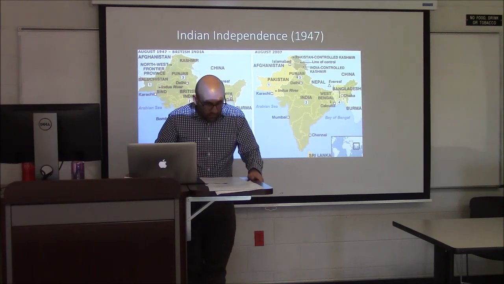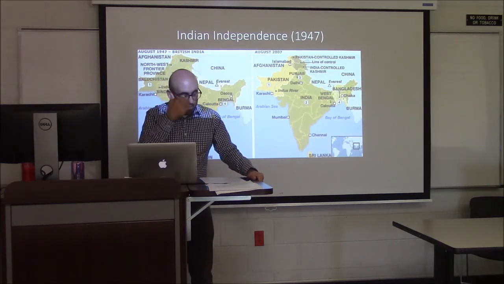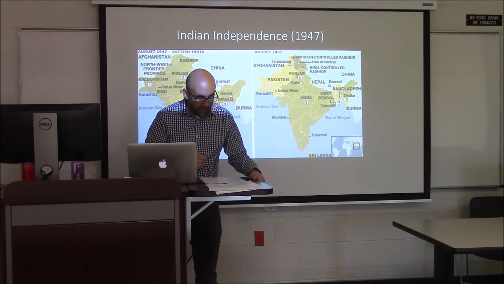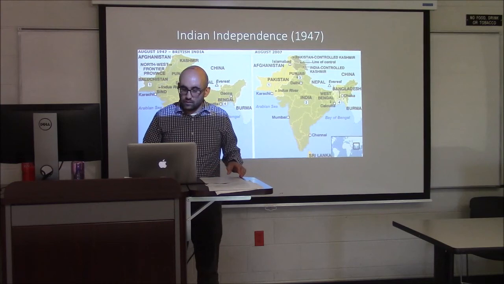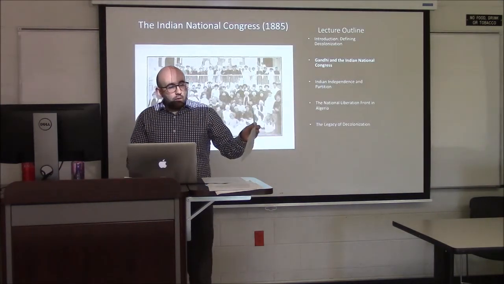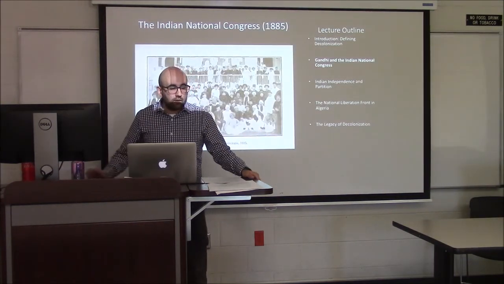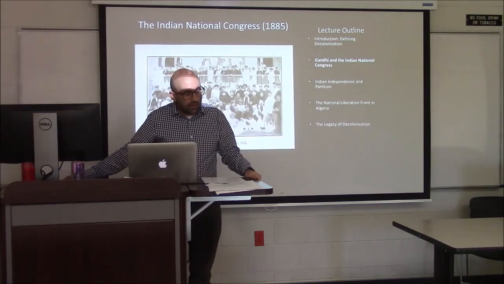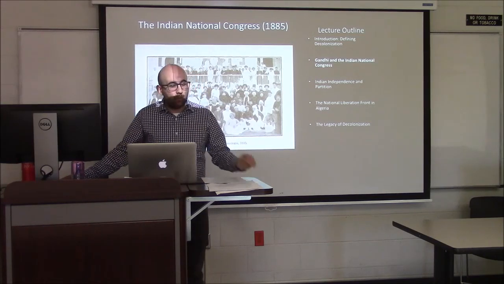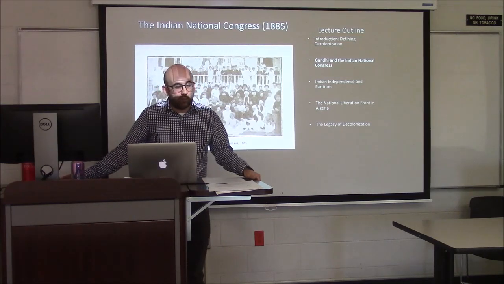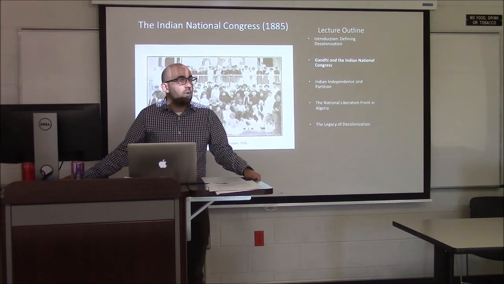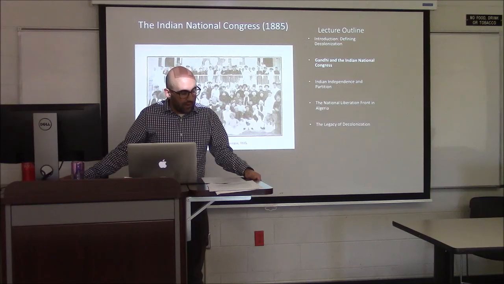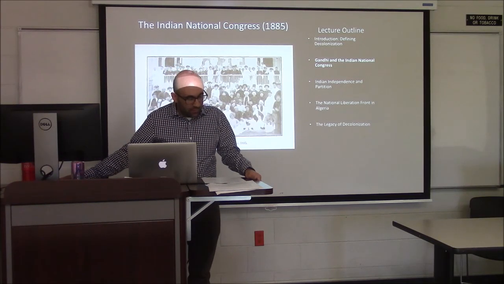That said, in many respects, the story of Indian independence is the classic story of decolonization, both for its nonviolence and for its violence. The path towards Indian independence was led by a political party, the Indian National Congress, formed in 1885 after what was once called the Sepoy Mutiny of 1857, more commonly called the Indian Mutiny or the First Indian Revolt of 1857.